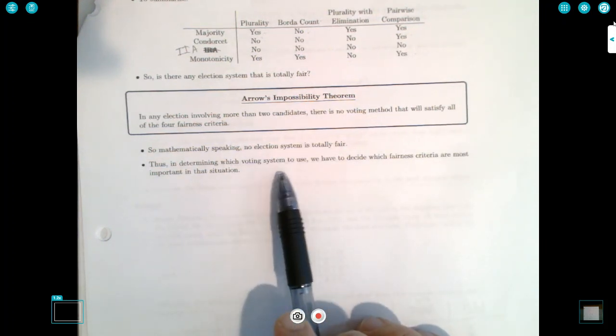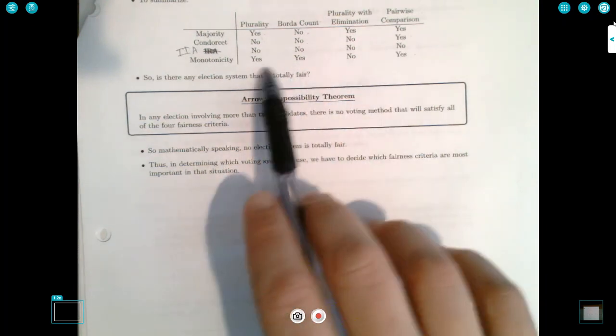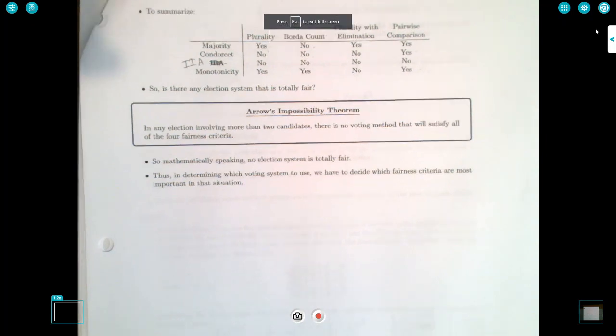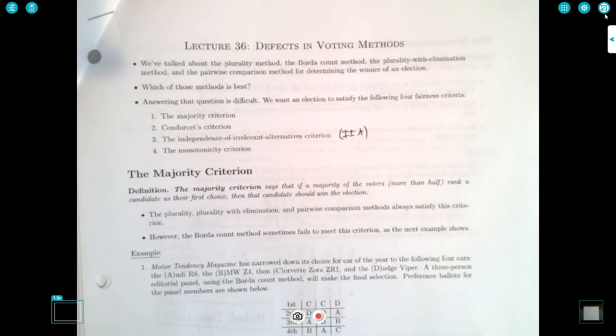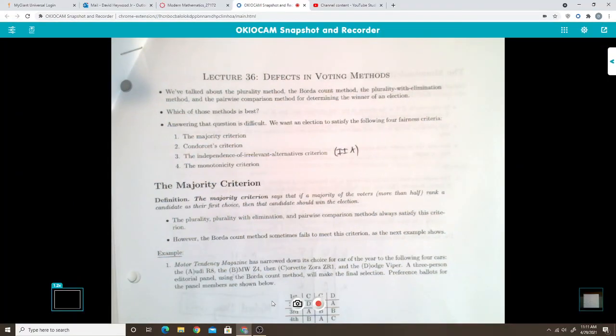So when you're determining which voting system to use, you just have to decide which fairness criteria are most important in that particular situation that you're faced with, okay? So they all have some benefits and drawbacks, and anyway, now you know a little bit more about each of them. So that's all I have to say about voting.